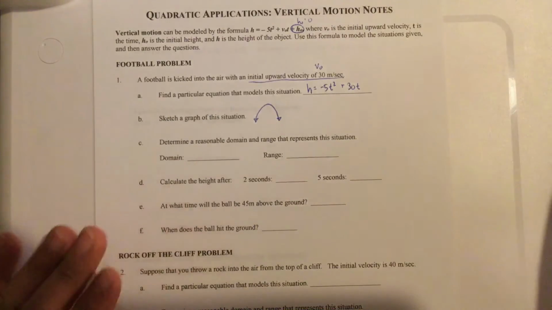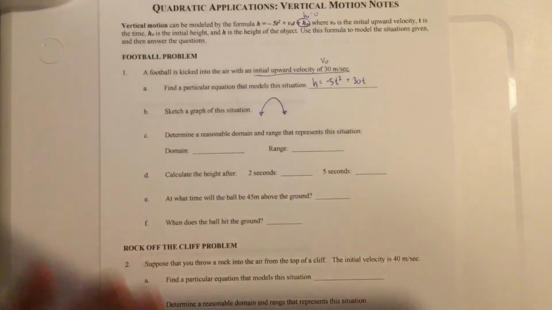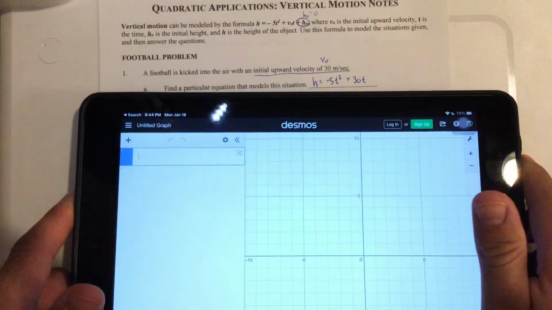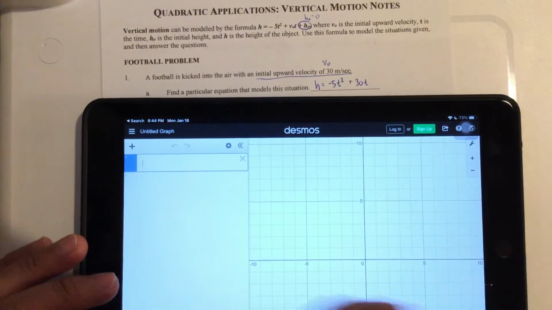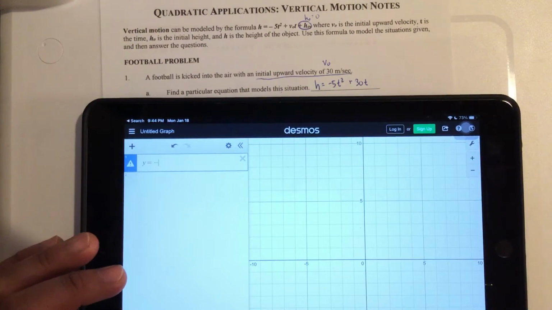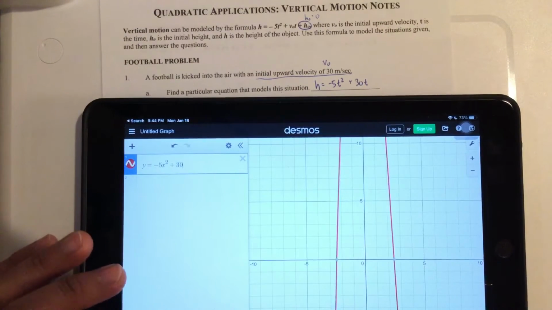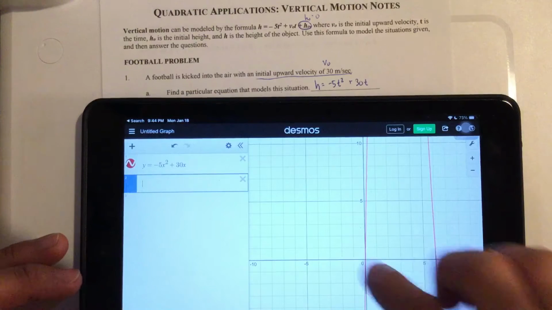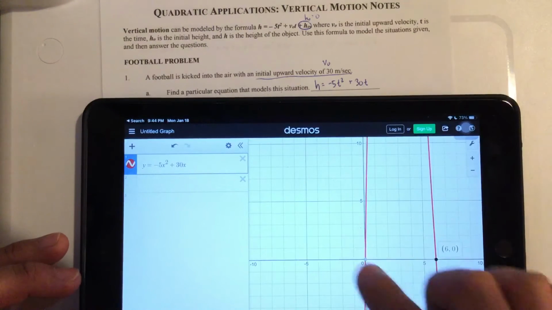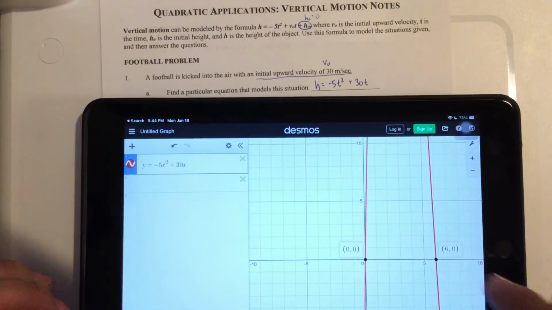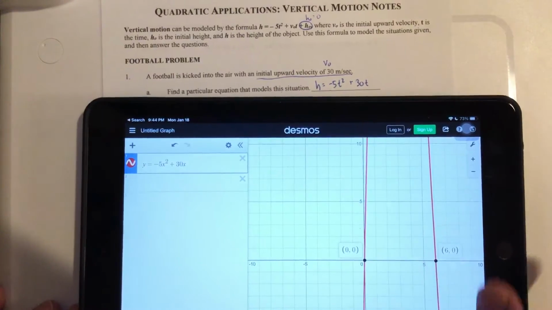So we're going to solve these in the calculator. Let me go ahead and put this in the calculator and have this ready to go. So y equals negative 5x squared plus 30x. Okay, so our domain we can see is going to be from 0 to 6, so from 0 to 6 seconds.